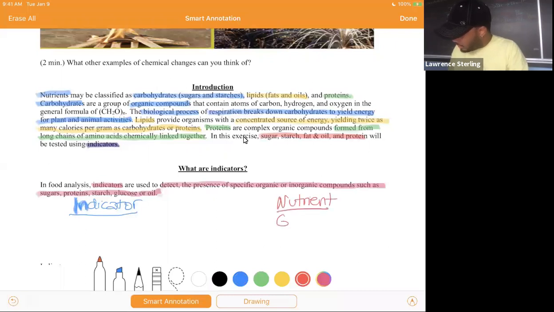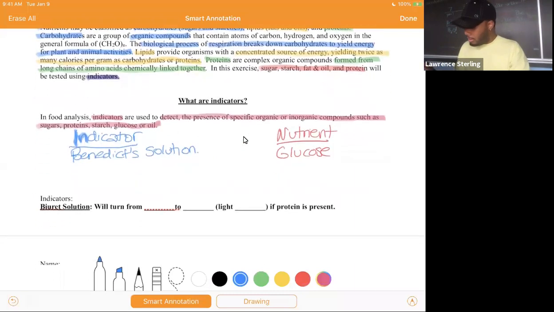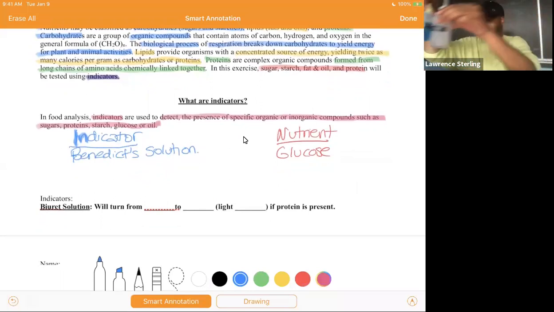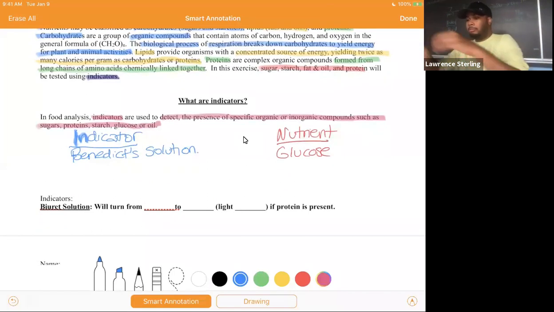So our nutrient for glucose is glucose, and our indicator for glucose is Benedict's solution. Pretty good, huh? All right. So those are those two, glucose, Benedict's solution.